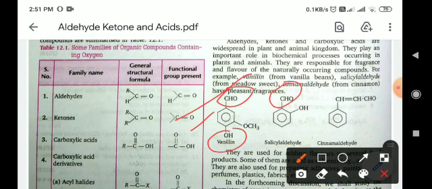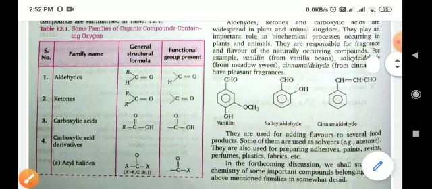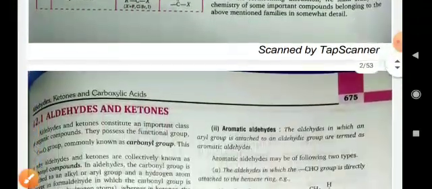When there is an aldehyde group and one OH group at its ortho position, it is known as salicylaldehyde. And this is cinnamaldehyde, in which a hydrocarbon chain with a carbon-carbon double bond and the functional group aldehyde CHO is present. So these are some common examples of aldehydes.